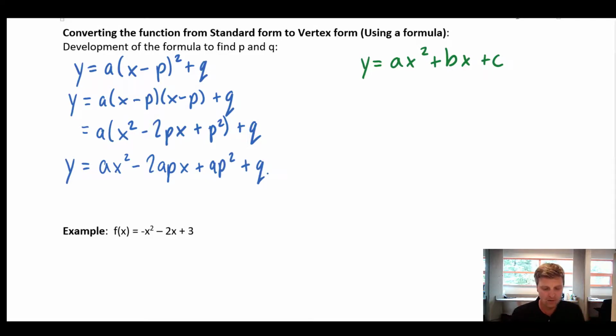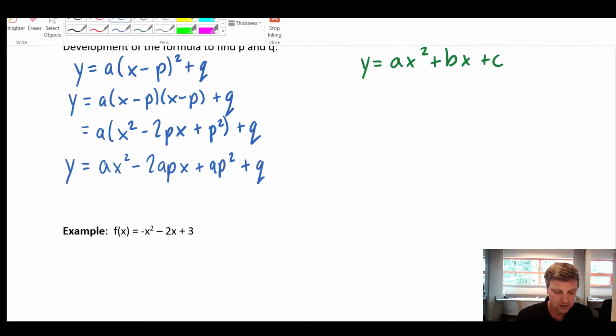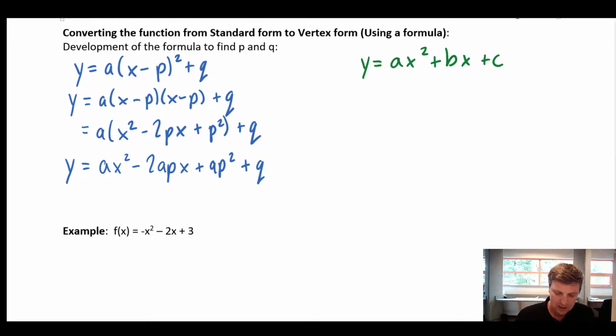Okay, and remember in all of this, the a and the p and the q are still some sort of constant, depending on what the equation is. So the first thing I want you to notice is, if I want to know what this term is going to be in standard form, this a is going to be the same as this a right here, because you can see the ax squared term and the ax squared term, well, it's still intact.